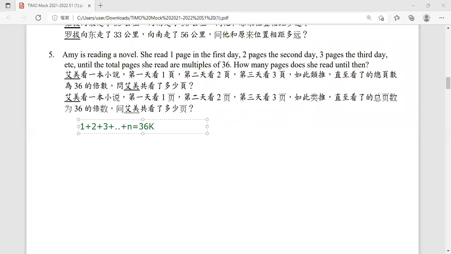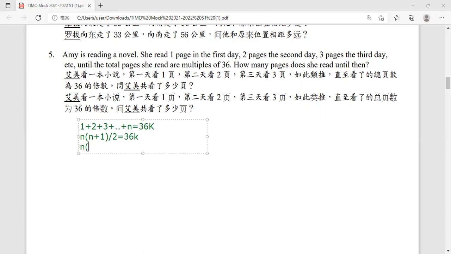You read 1 page on the first day, 2 pages on the second day, 3 pages, etc., until the total pages we read is 36. So if you are smart enough, you will know that the sum on the left-hand side will be equal to n times n plus 1 over 2, equal to 36.